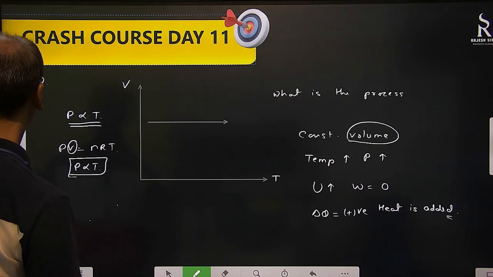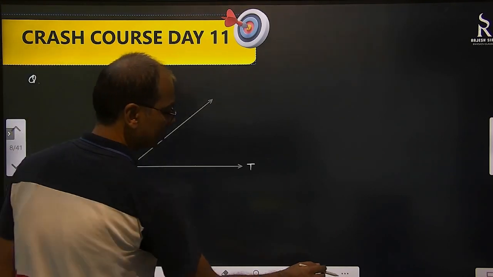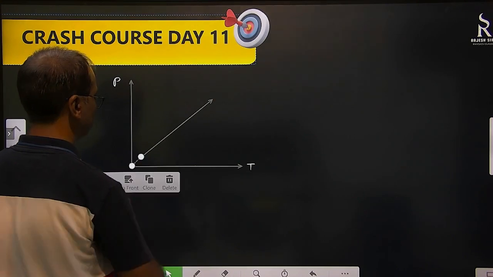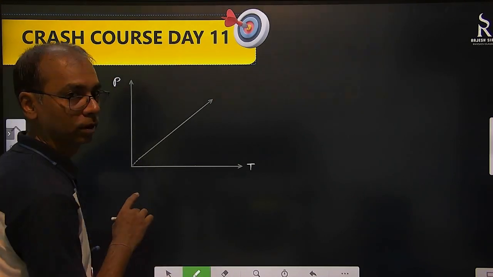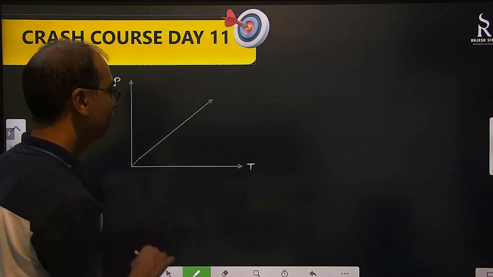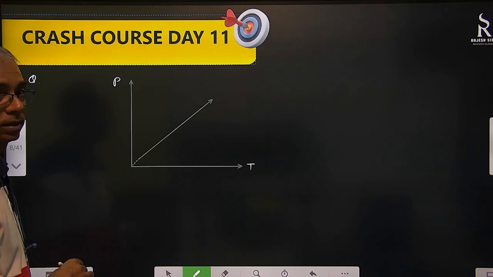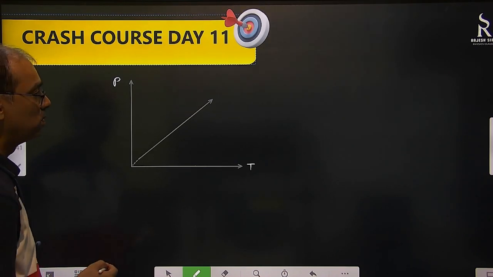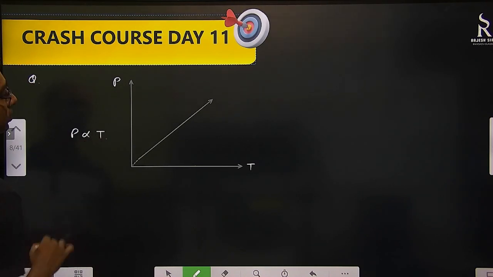Okay, then, PT graph, and it looks like it's starting from origin. Fine. So if it starts from origin, now in this one we will not make a mistake.